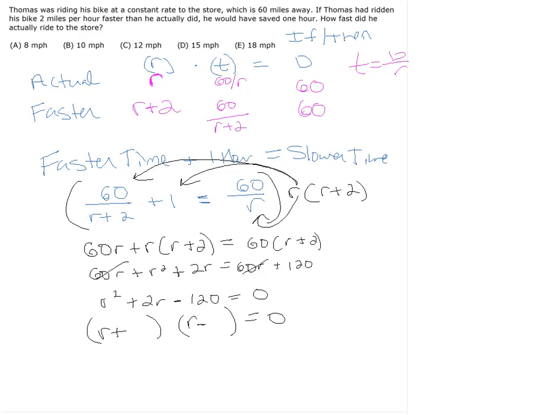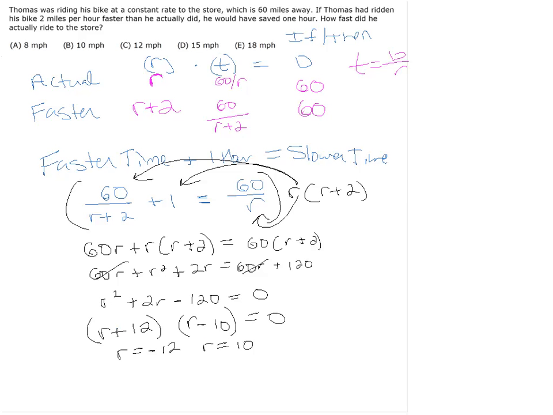And we need these guys to multiply to minus 120, but add to 2r. And let's see what numbers would work. Looks like we need a 12 and a 10. So the two solutions would be r is minus 12 and r is 10.